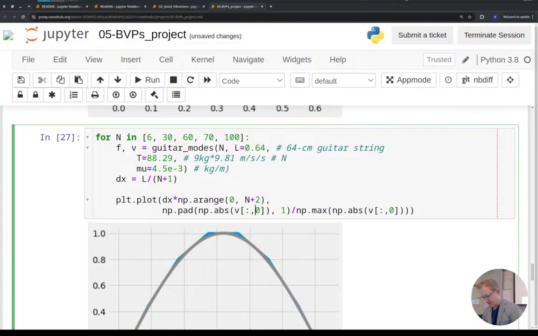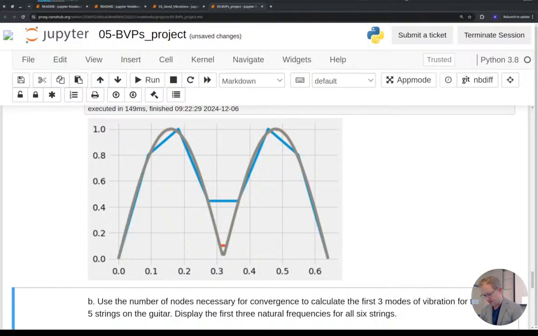But then when I try to do mode 2, just taking same code, trying it again, it looks a little weird because I'm taking absolute value of it.